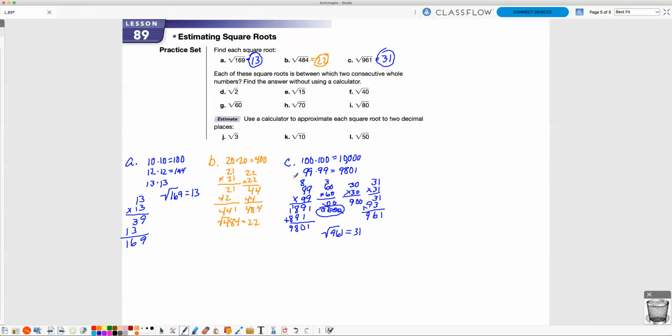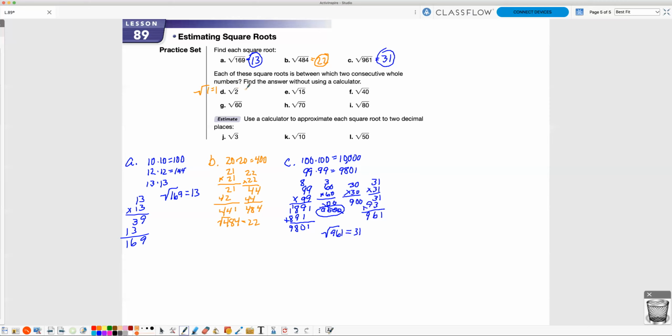Letter D. Each of these square roots is between which two consecutive whole numbers? Find the answer without using a calculator. So which two consecutive whole numbers is the square root of 2 going to be between? The square root of 1 equals 1.